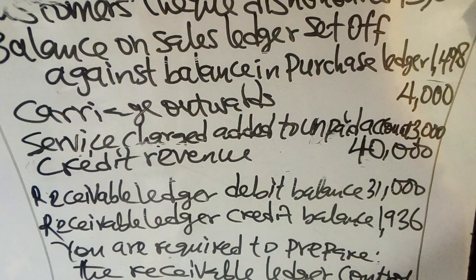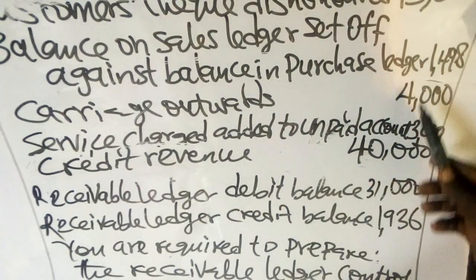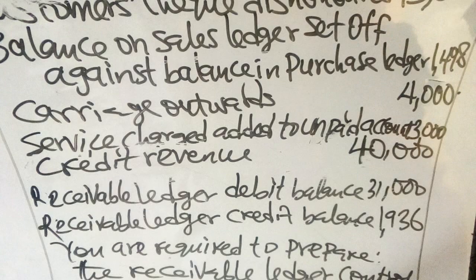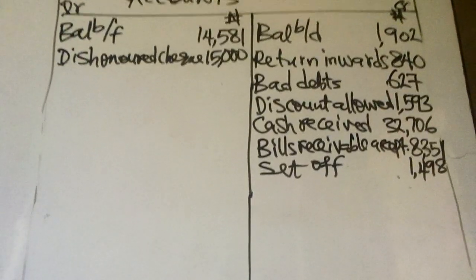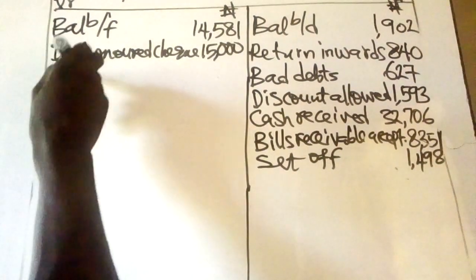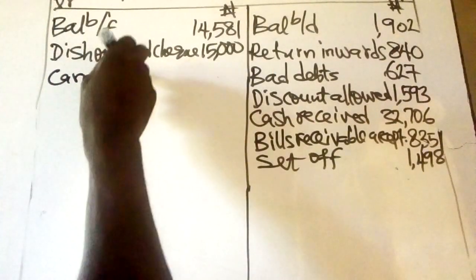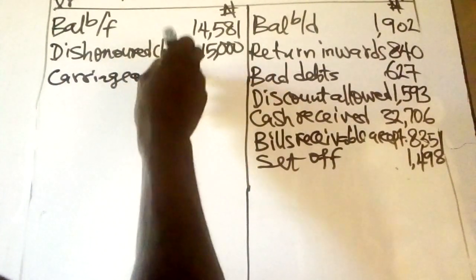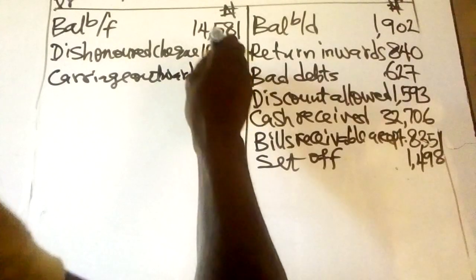Then the next item, we have carriage outwards of 4,000. That will increase the customer's debt, because you are going to add it to the sales price of the item, so you debit it. Carriage outwards of 4,000.